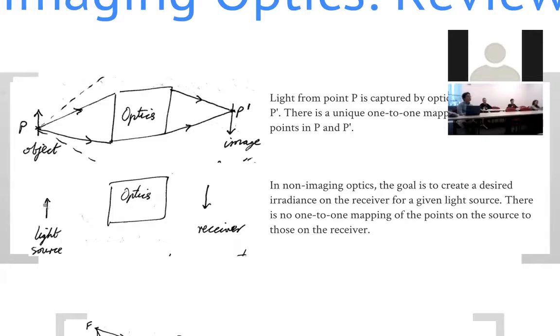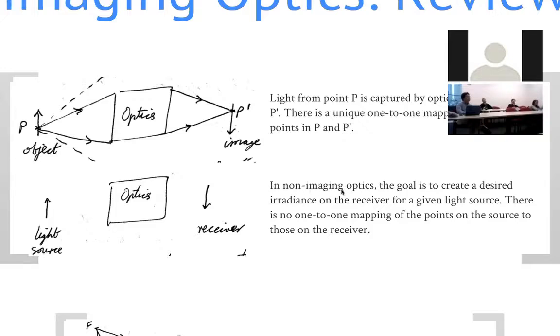So a point here can map to any point here or many points here. That's the key difference. There's a very fundamental difference, and I need you to understand this conceptually. In imaging optics, there's this one-to-one mapping. In non-imaging optics, in general, there is no one-to-one mapping. It's a one-to-many mapping.